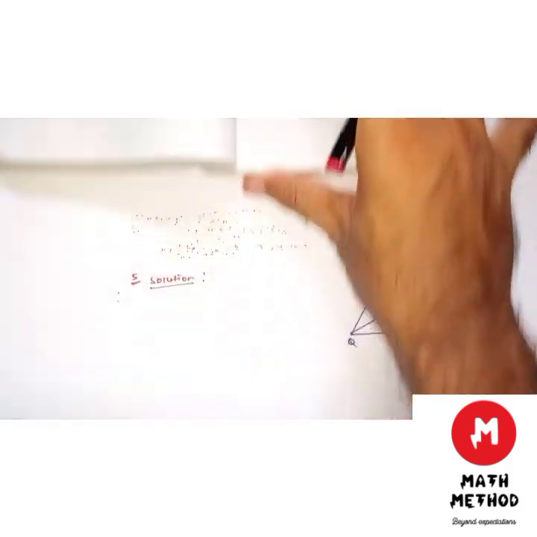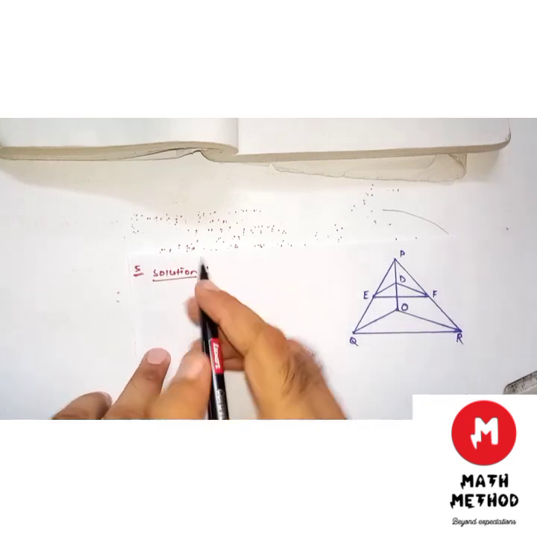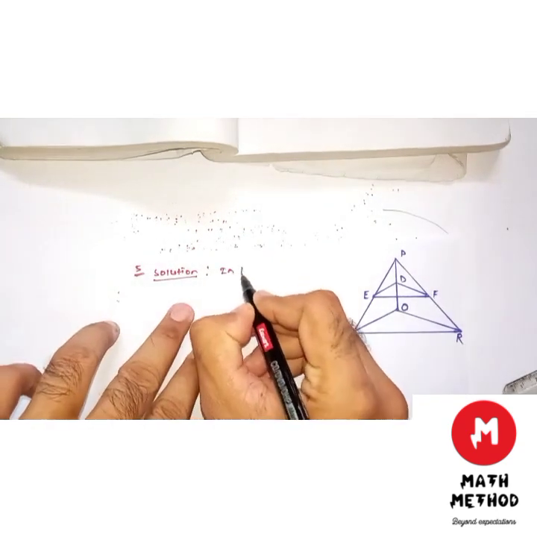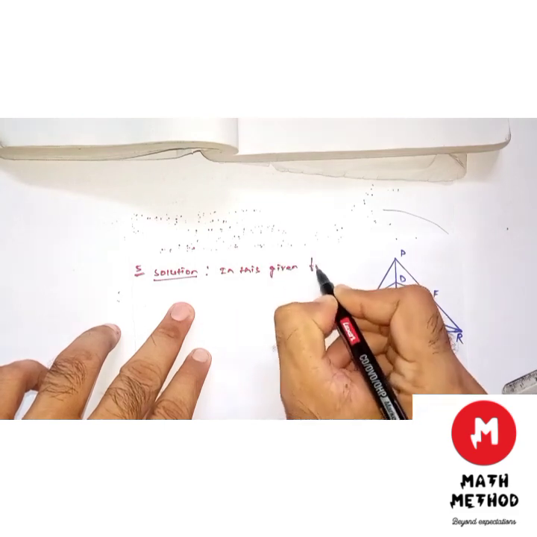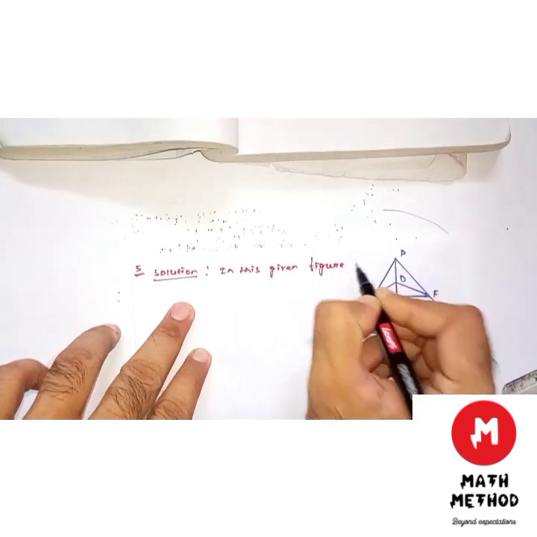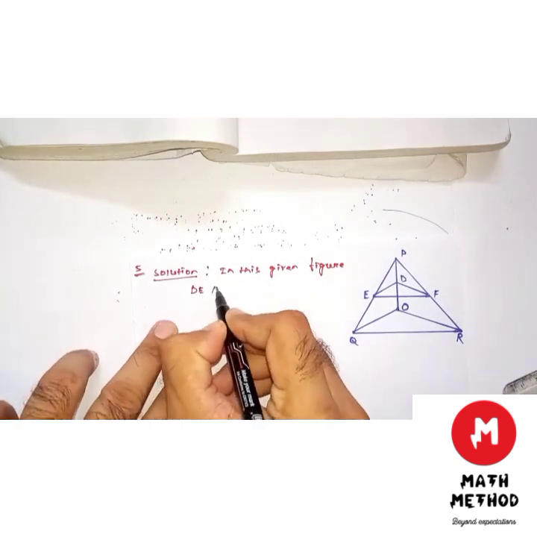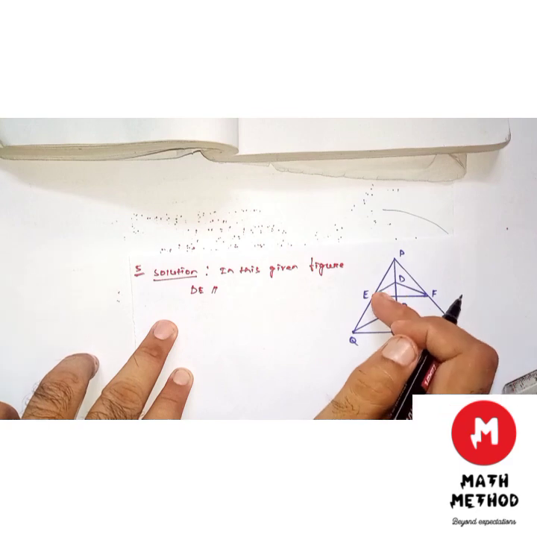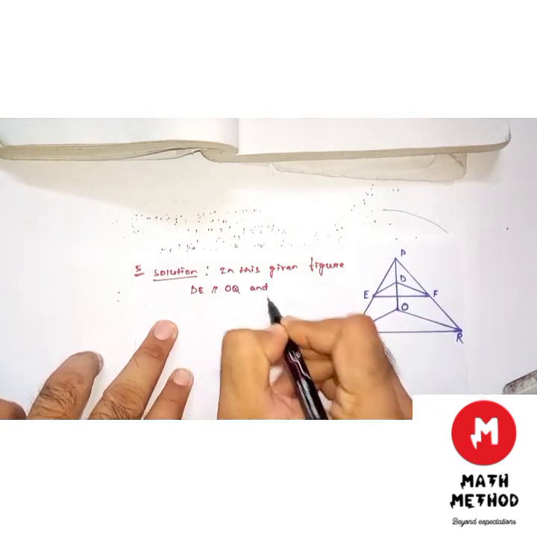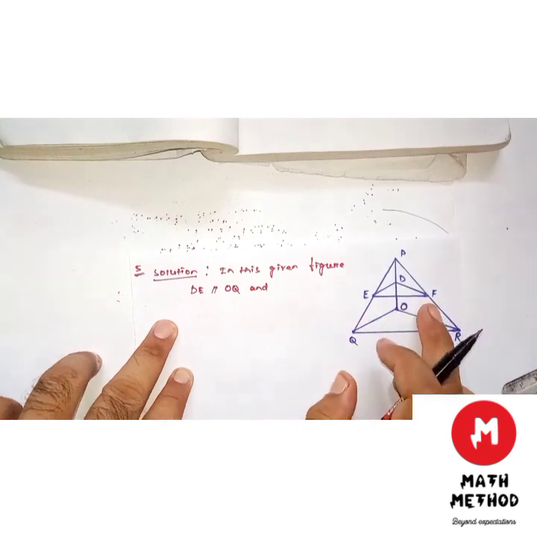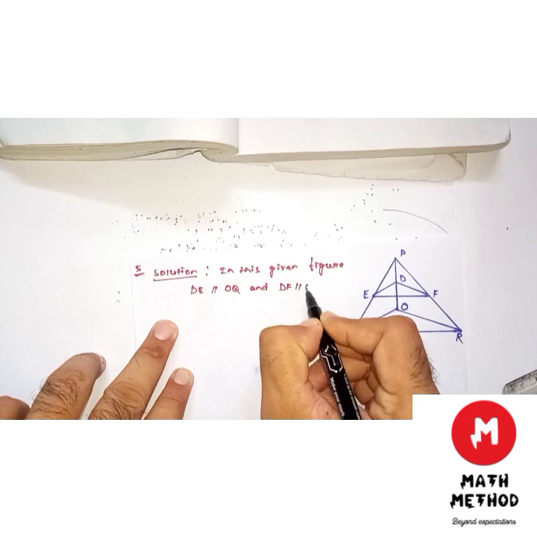Now the solution: in this given figure, it is given that DE is parallel with OQ and similarly DF is parallel with OR.